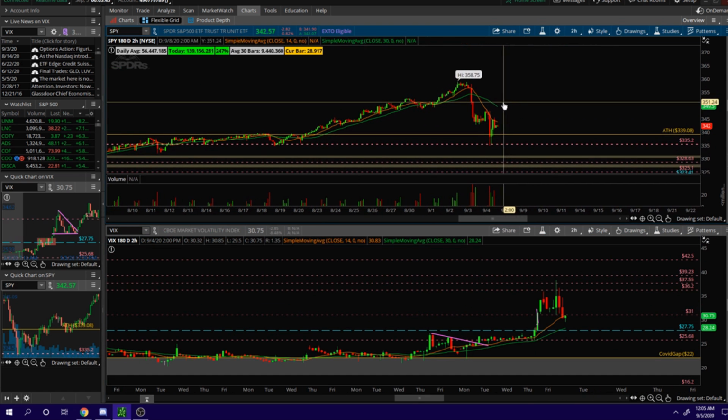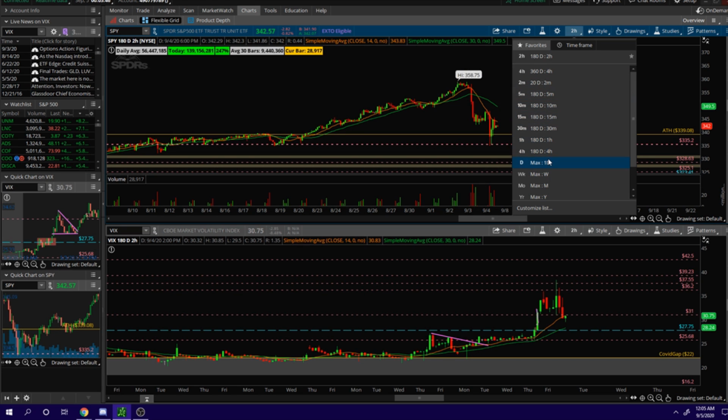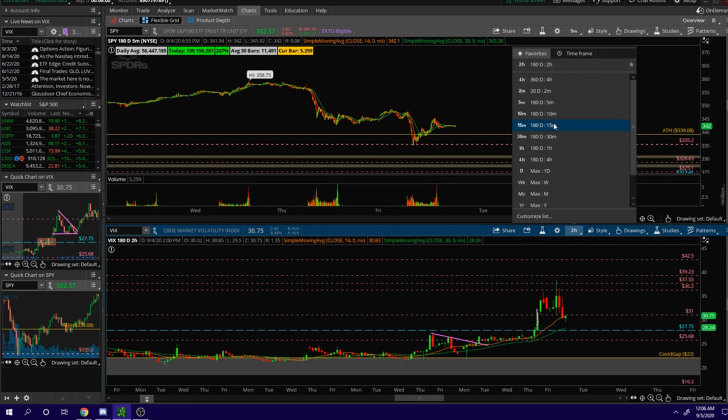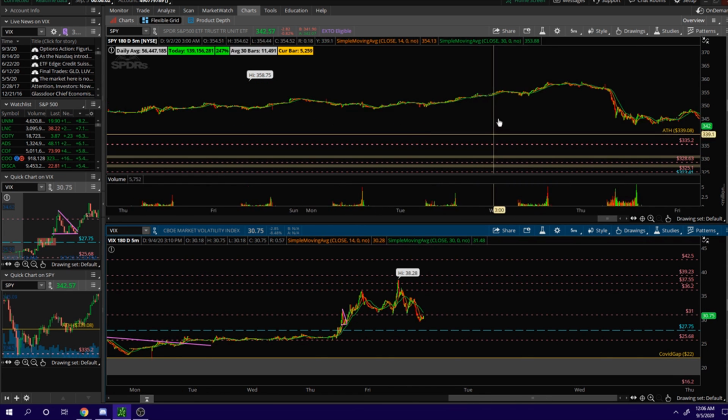Another super important thing, real quick, before we finish up, is divergences in the VIX and the SPY. So basically, what that means is if you notice the VIX going up with SPY, because they're supposed to be inverse, right?